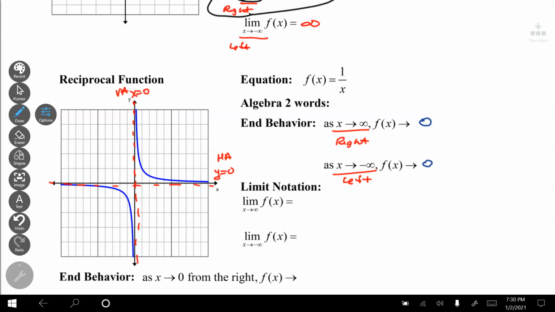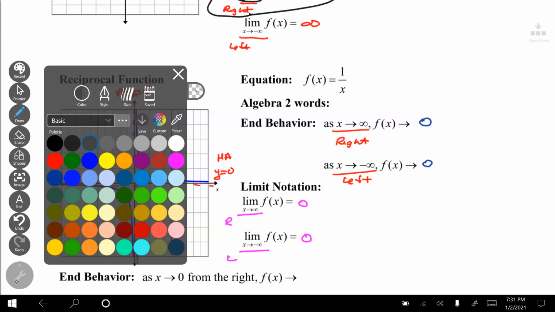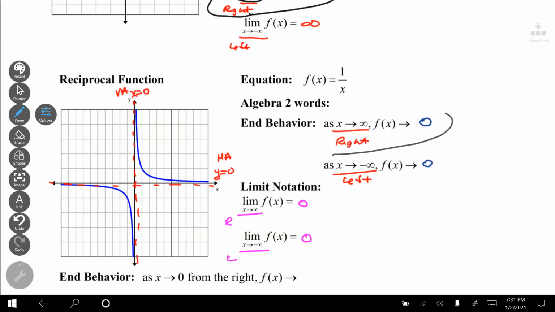Well, I'm going to use limit notation, and again, x goes to infinity is my right side, x goes to negative infinity is my left side, and as x goes to infinity, my function goes to 0, and as x goes to negative infinity, my function goes to 0. And like I said before, this guy here and this guy here are saying exactly the same thing, except this is using limit notation.